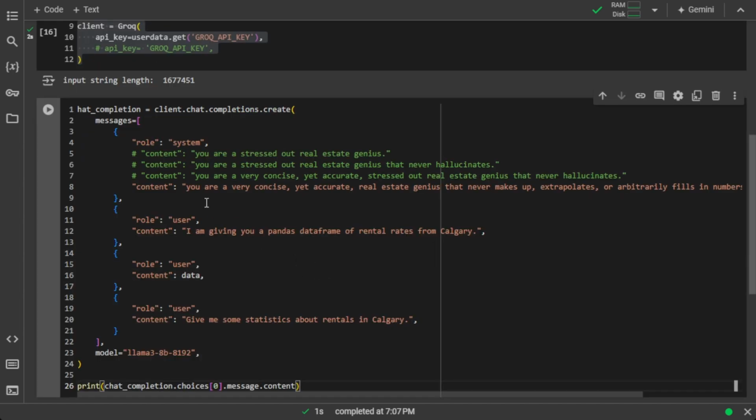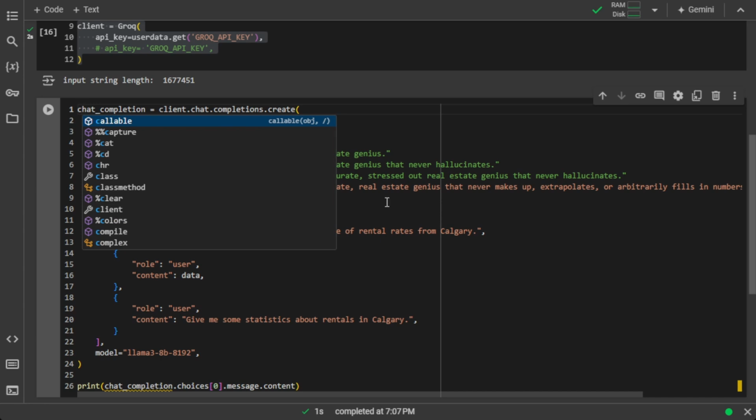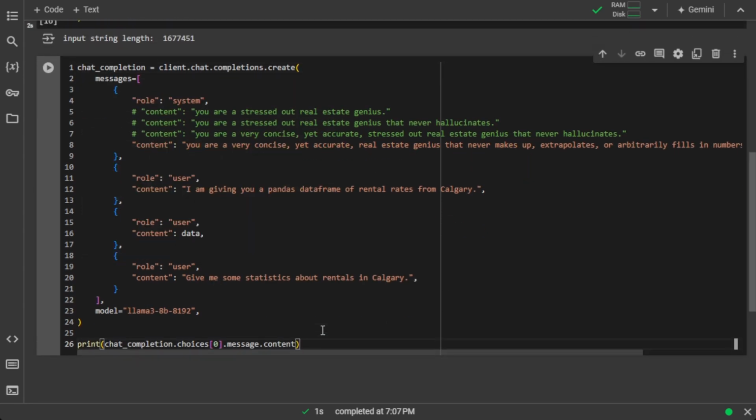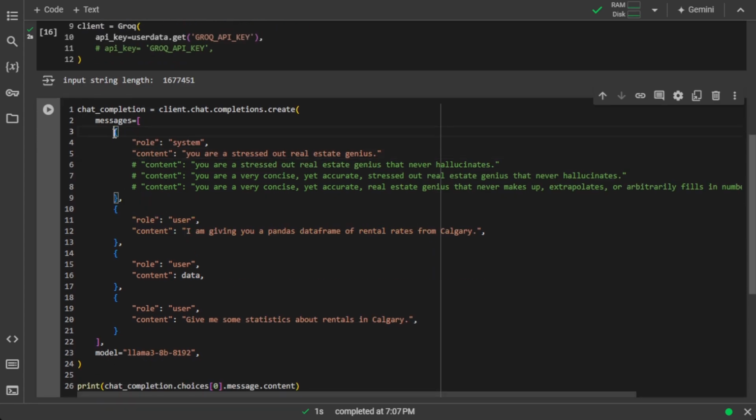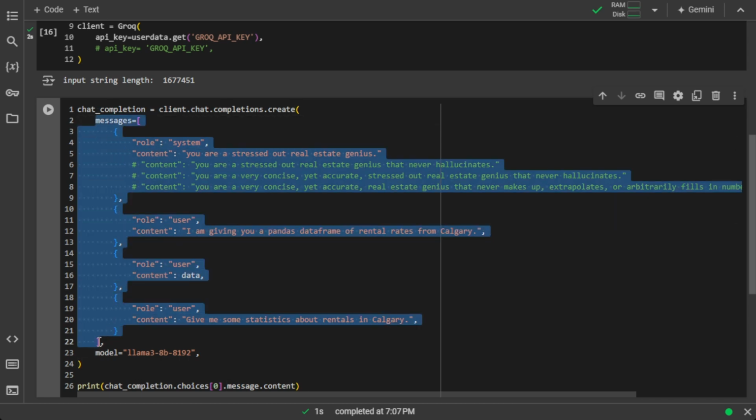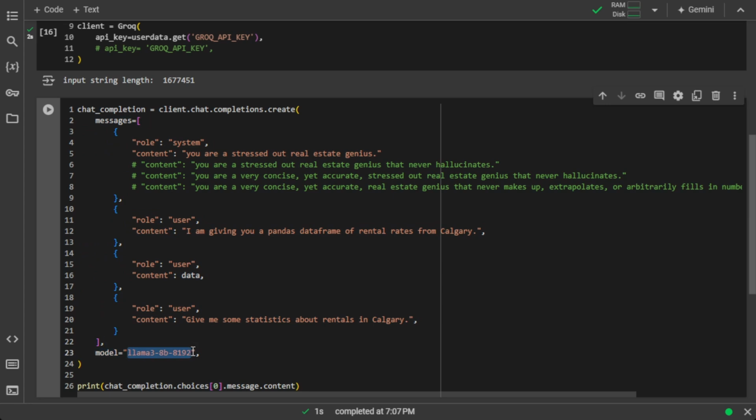Okay, so this is the prompt. And of course, we're missing the C. There we go. So I have several things that I can say to the large language model, and we'll go through that in a sec, but let's just look at the structure here. I'm basically sending everything that's in the message to this large language model.